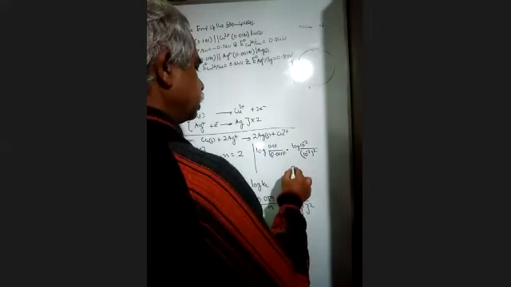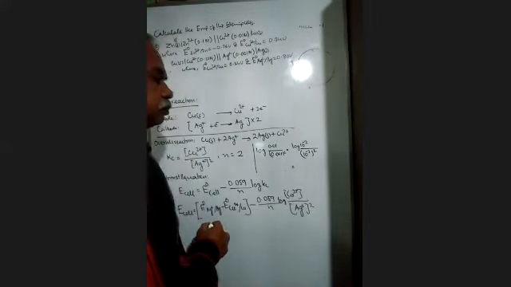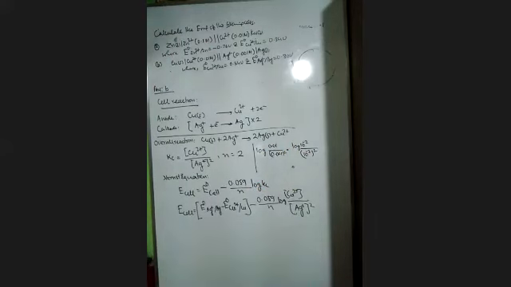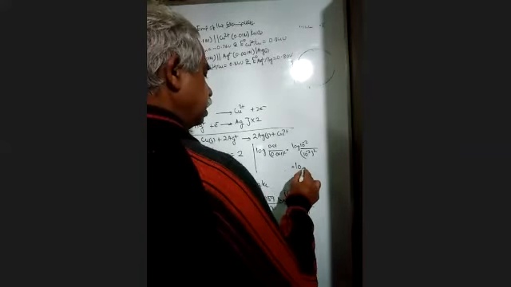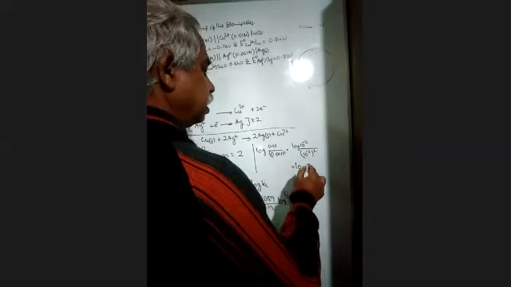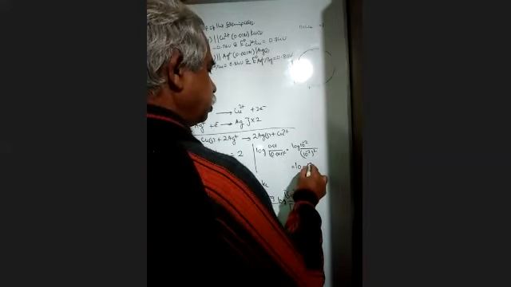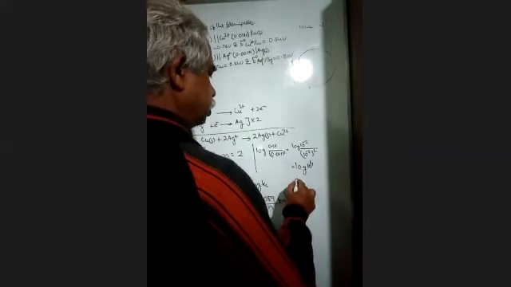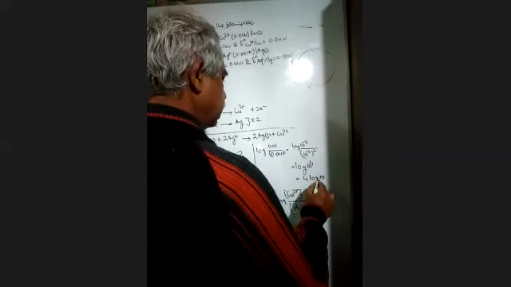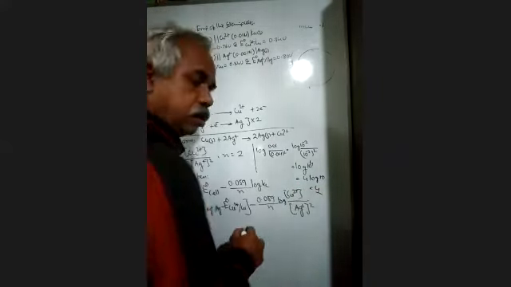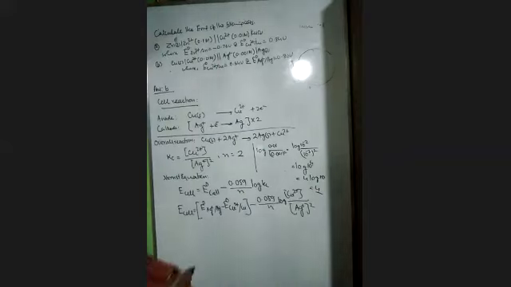How much does it come? It will be log 10 to the power minus 2 over 10 to the power minus 6. Ultimately, you will get what? It will be log 10 to the power 4. So log 10 to the power 4 is equal to what? Log 10 is equal to what? 4, or not?